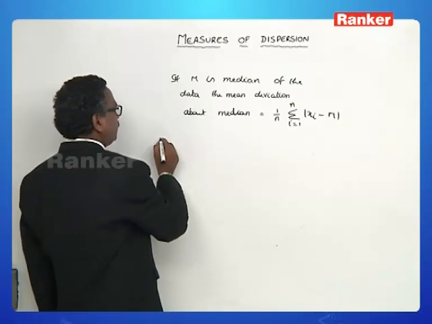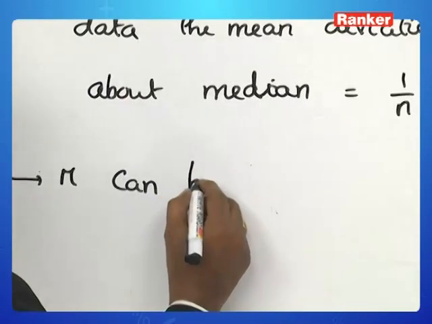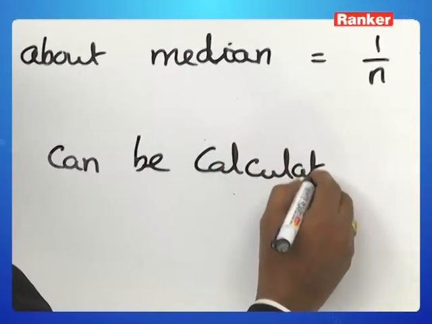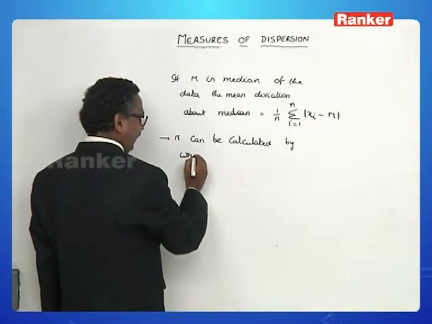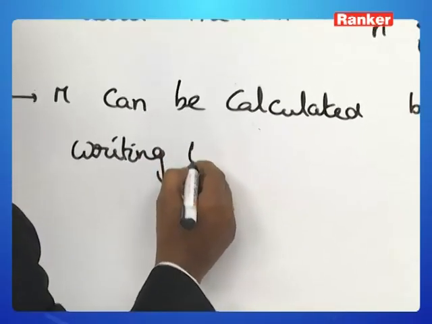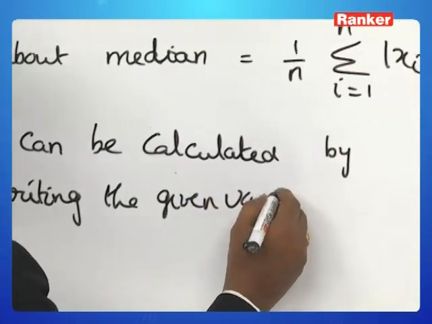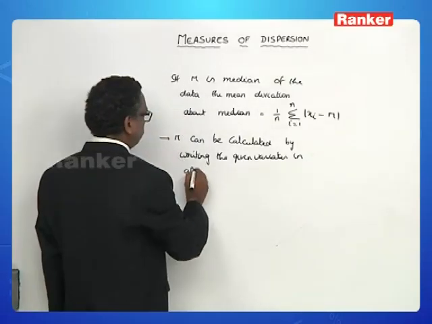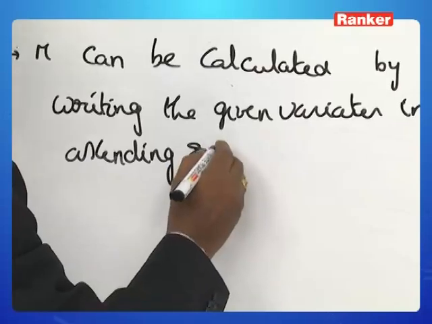Here m can be calculated by writing the given variates in ascending order.